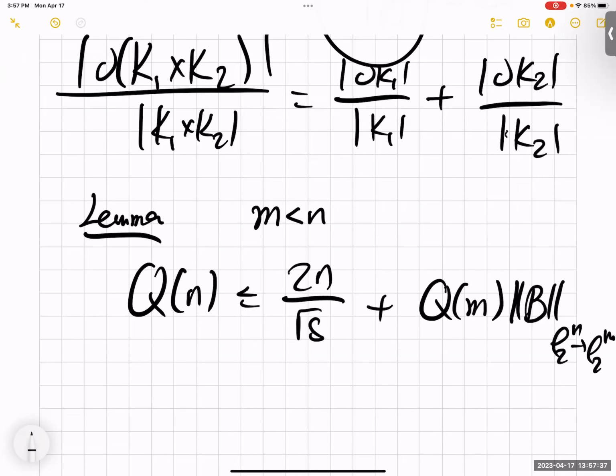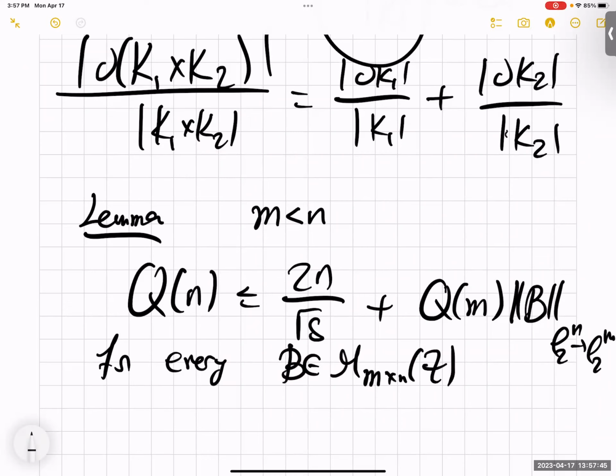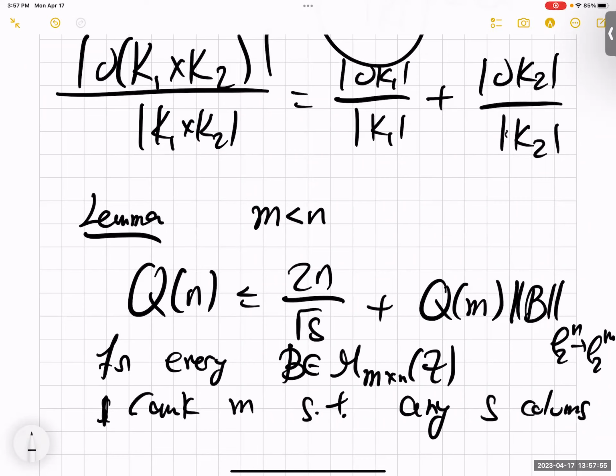The operator norm, this is for every b in m by n with integer entries of, let's say, rank m, such that any s columns of b are linearly independent.